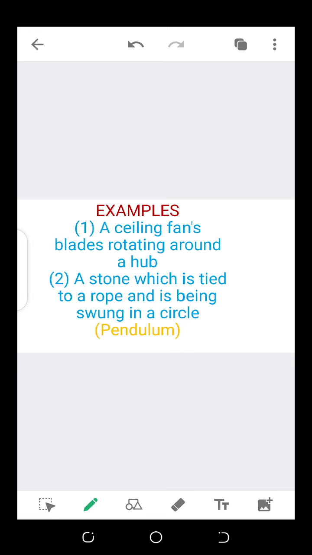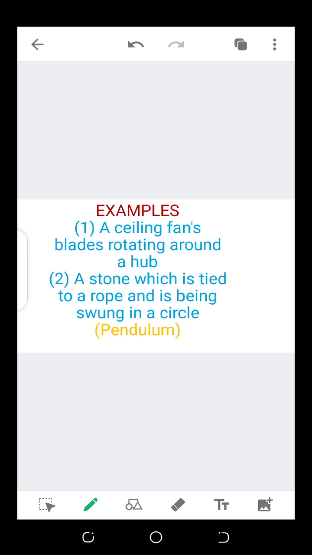Now, let's come back to the ceiling fan. You realize that the fan is rotating, and the blades are the protrusions coming from the fan, and when they rotate, they keep a certain distance. Another example is in practicals.